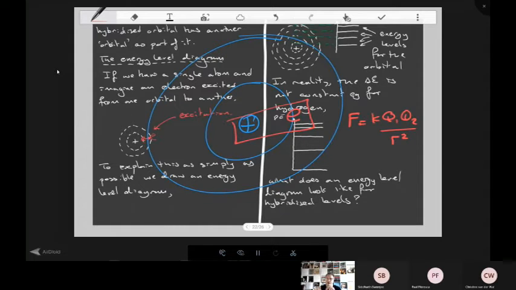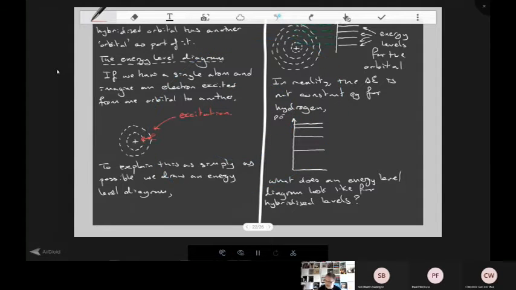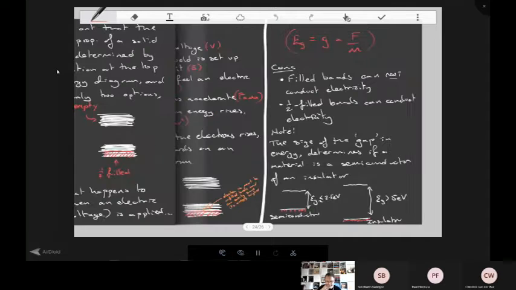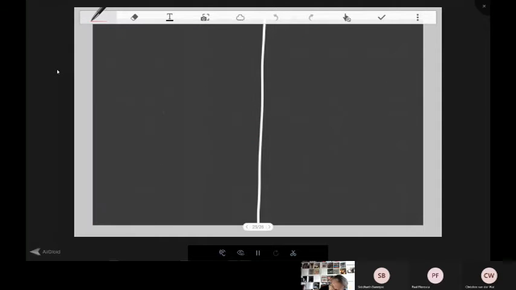And the energy is linked to the wavelength. So if you wanted to try and work out where the orbitals will be, you could use these ideas. Let me just move forward to a page that's got nothing on it.